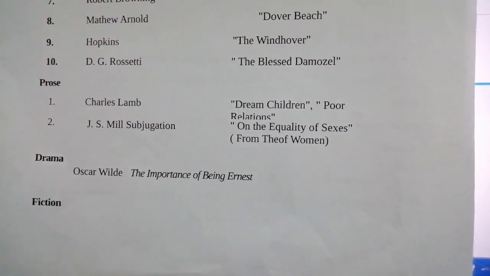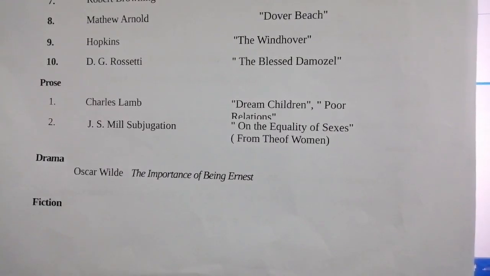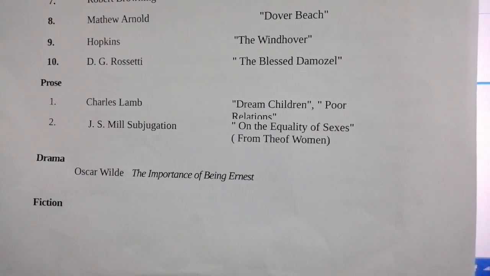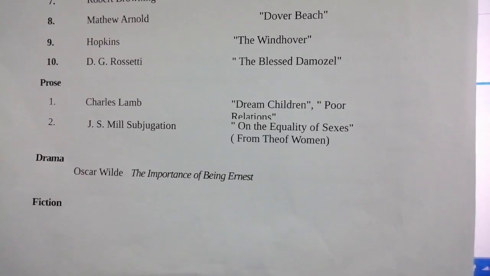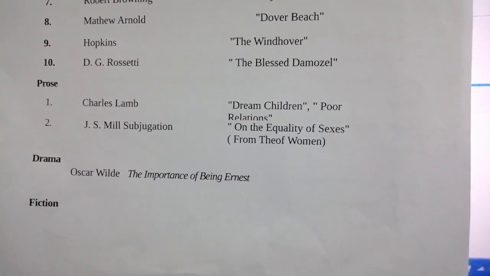When we come to the next genre of English literature, prose, from the Romantic and Victorian period, Charles Lamb's Dream Children and Poor Relations, those essays are included. And J.S. Mill's The Subjection of Women is also included in the prose.